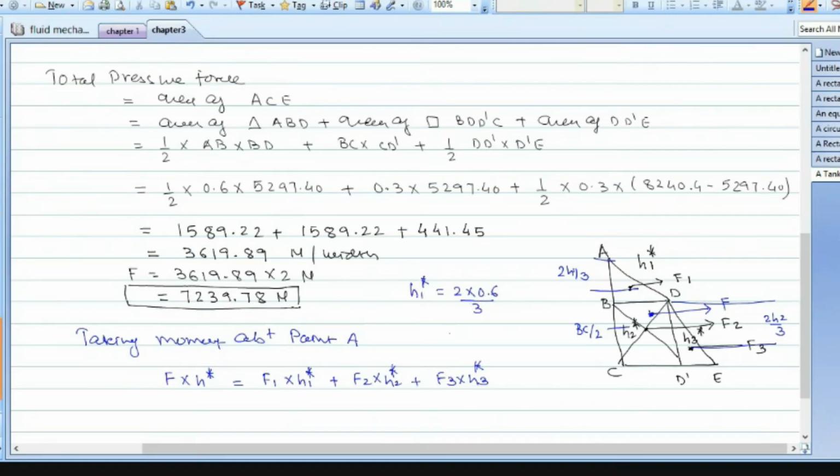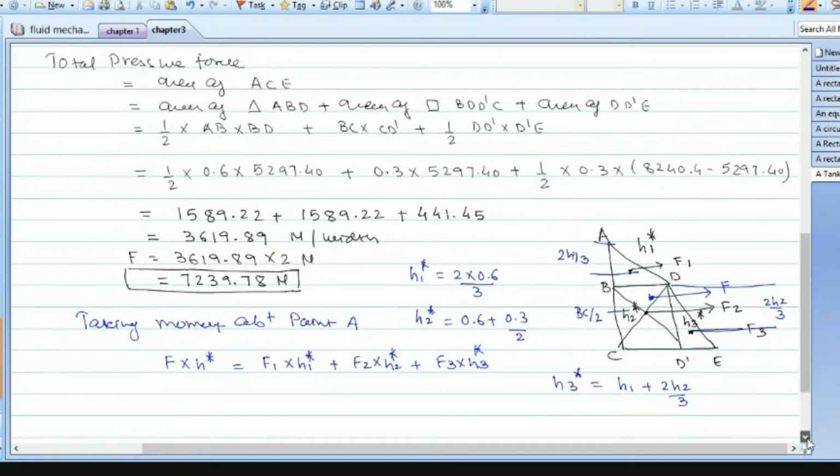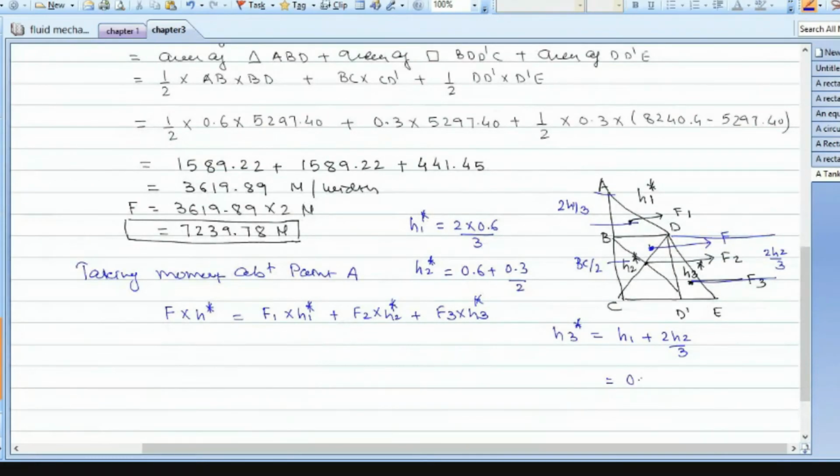For H2 star, we have to add the AB height, so 0.6 plus 0.3 divided by 2. And for H3 star, we get H1 plus 2H2 divided by 3, so 0.6 plus 2 into 0.3 divided by 3. In this way we can locate H1, H2 and H3 star.